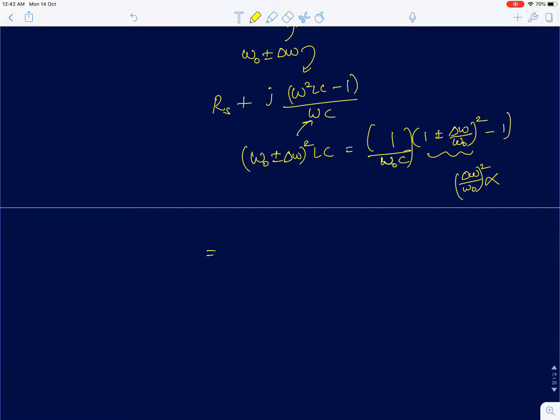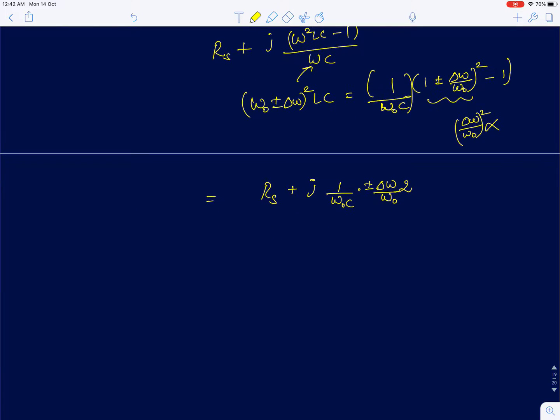So we can write this as Rs plus j into (1 by omega naught C plus or minus delta omega by omega naught). There is a factor of 2 here, plus or minus 2 delta omega by omega naught. Since 1 by omega naught C is omega naught L, I'll write it as Rs plus or minus j delta omega.